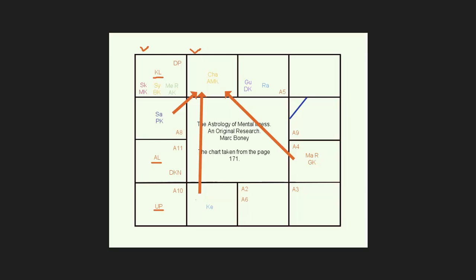So, let's take a look at the fifth house from Karakamsha Lagna. The fifth house from Karakamsha Lagna falls obviously in the sign of Karka, or Cancer. What is happening there? As we can see, we've got Ketu aspect on there, on the fifth house from Karakamsha, signifying the mind, intelligence.